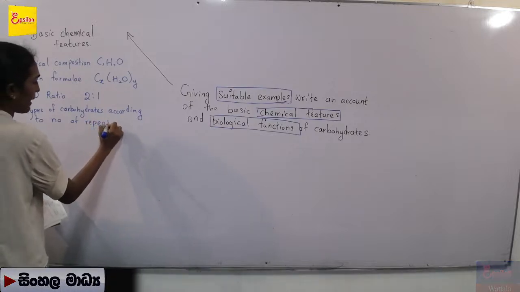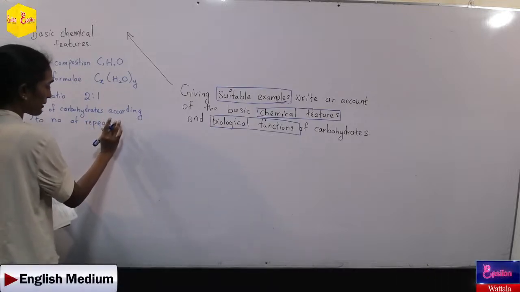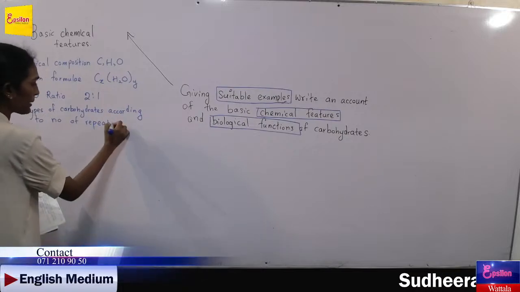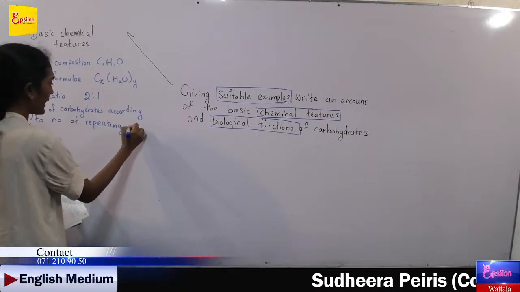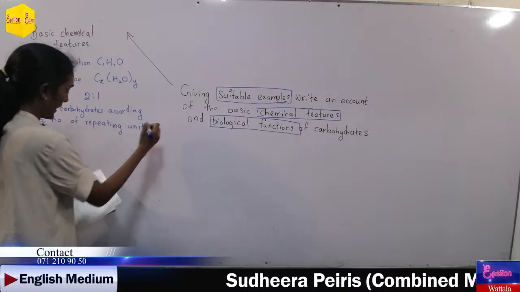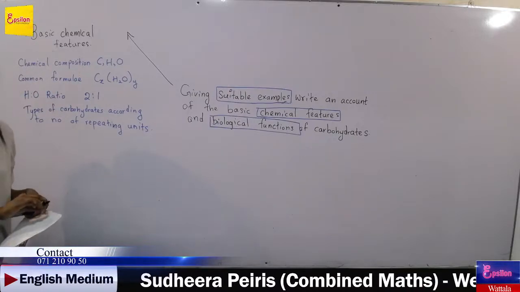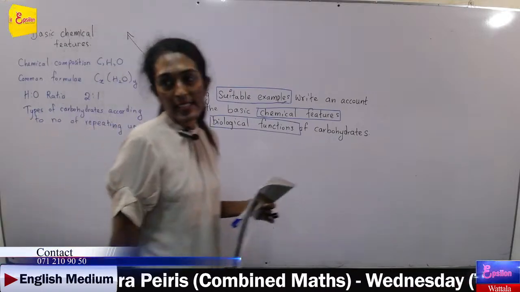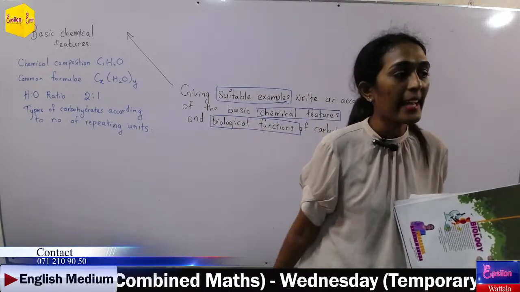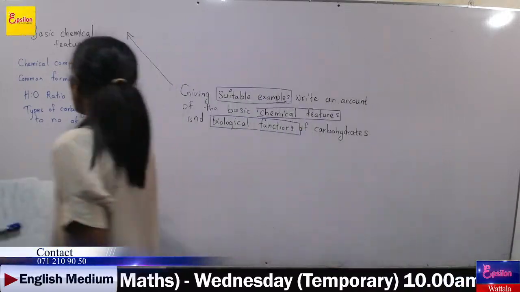In a mind map, you don't need to write full sentences, but I am writing it here for you to understand, right? There are three types. What are the three types, children? Monosaccharides, disaccharides, and polysaccharides are the three types.